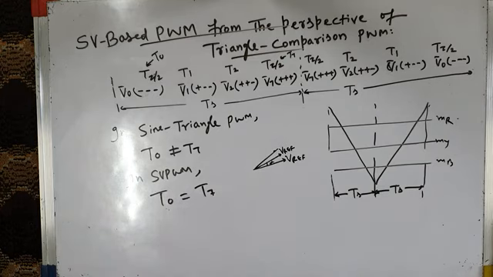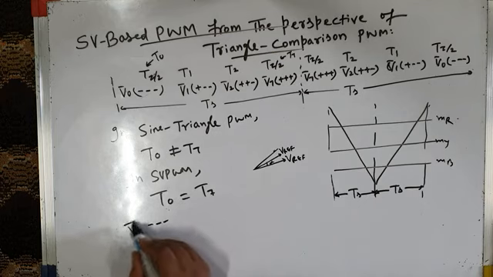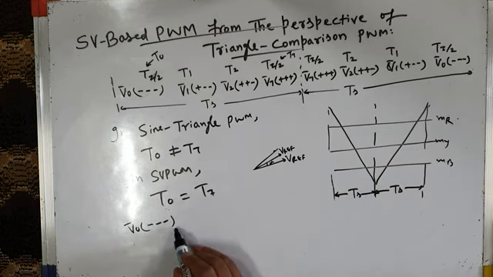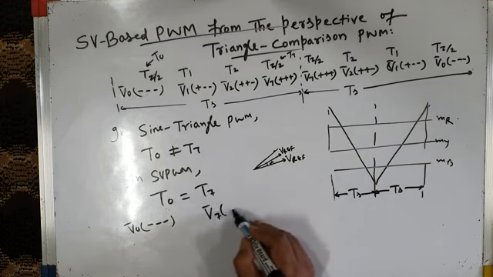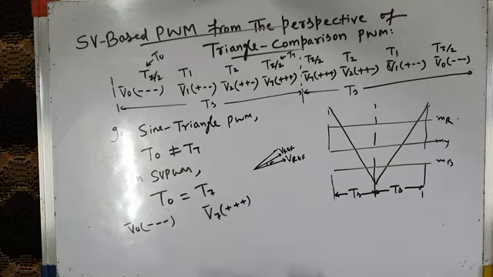T0 is equal to T7. The time interval for which null vector V0 with switching sequence minus minus minus is applied is exactly equal to that for the other null vector V7 with switching sequence plus plus plus. The two time intervals are the same, which gives less harmonic distortion in the inverter output voltage and less current ripple in the load current.